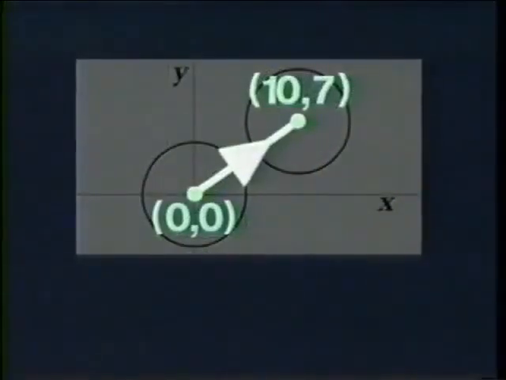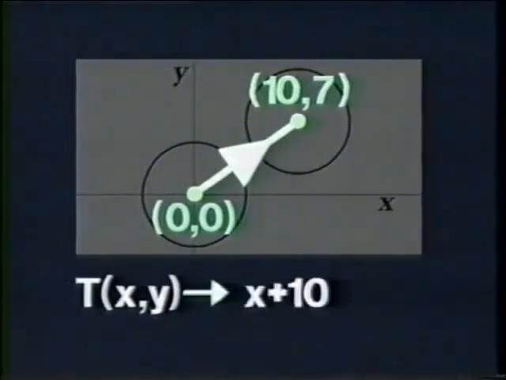In transformation notation, the translation named T maps the points of the original circle, (x, y), onto the points of the image circle, (x plus 10, y plus 7). That's the transformation.